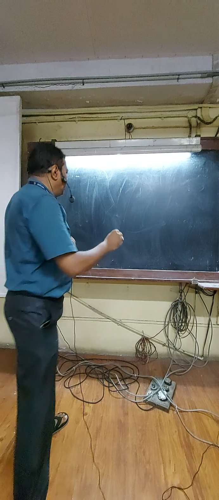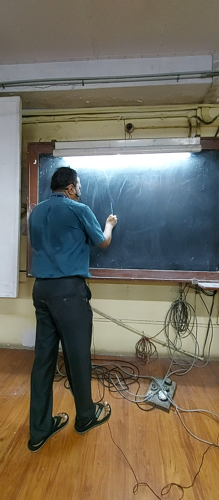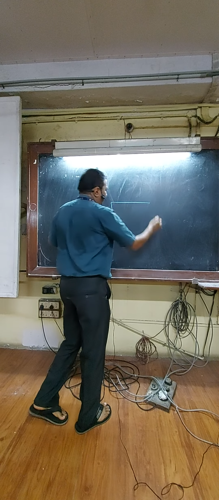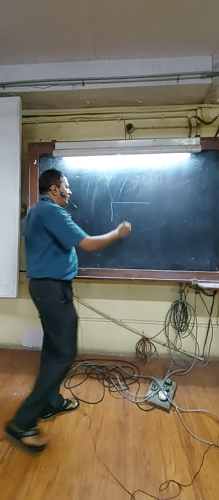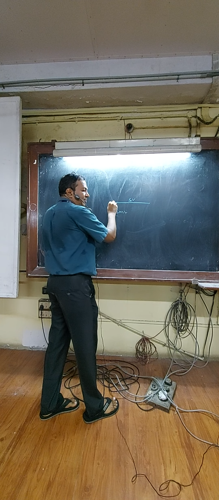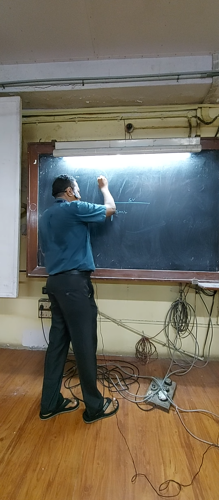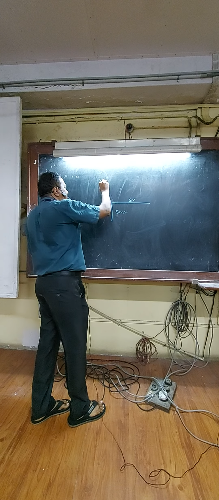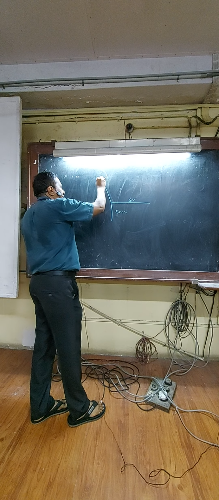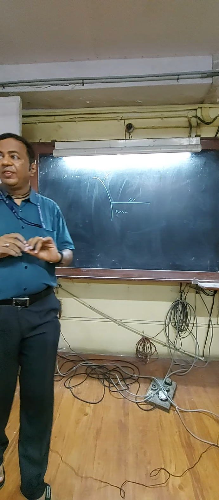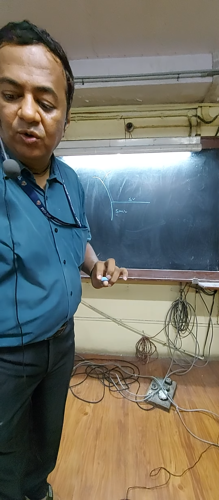This portal vein is formed by the union of the splenic vein and superior mesenteric vein behind the neck of the pancreas, and it goes and divides into right and left branches for the right and the left lobe.